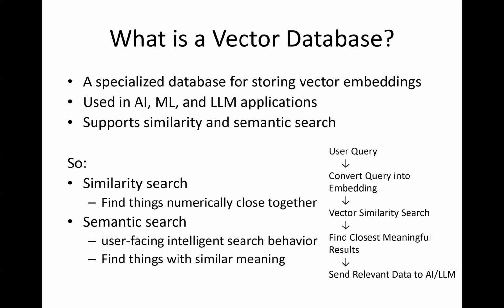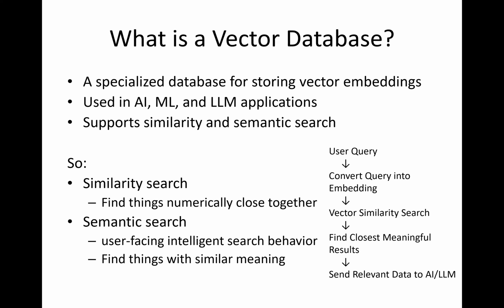Similarity search is where it finds things that are numerically closer together. What that means is how vectors are converted into numerical form. So let's first understand that part, and then we can clearly understand what similarity and semantic search is. If we see the flow diagram, first we have a user query. A user can prompt or input any query, and that query will be converted into embeddings.